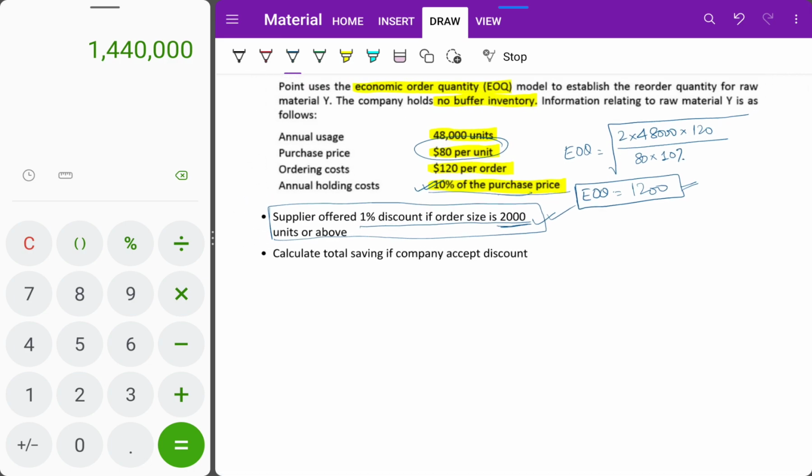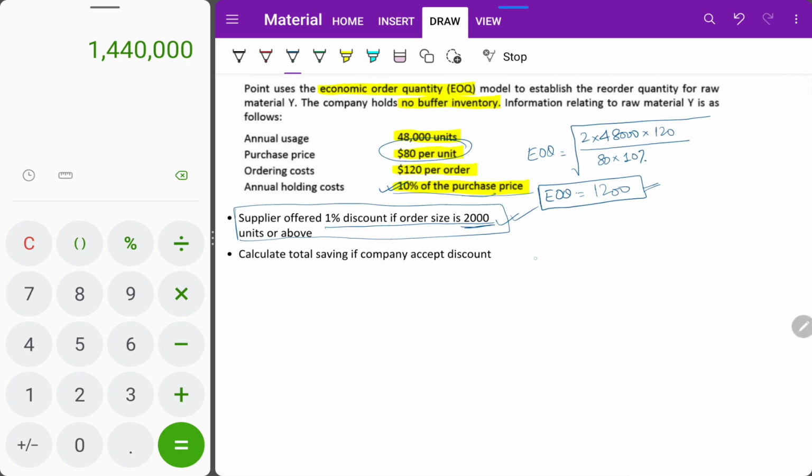So let's calculate first the total cost at 1200 units. 1200 units is the economic order quantity, and 2000 kilograms is the quantity where we qualify for the discount. So let's consider 2000 for the second case, for the comparison, right? So let's start with the ordering cost.